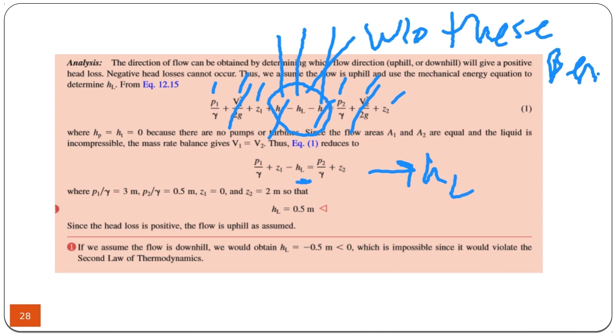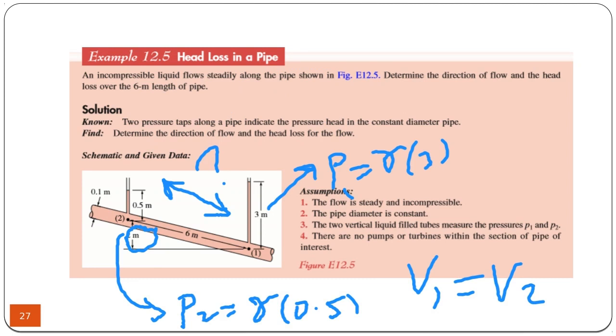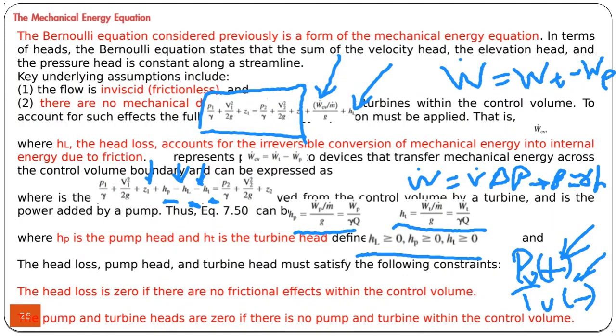What does it mean to have the loss head be positive? We indicated that in this equation, all the terms must be positive, except they have their own signs in front, but mathematically they must be positive.